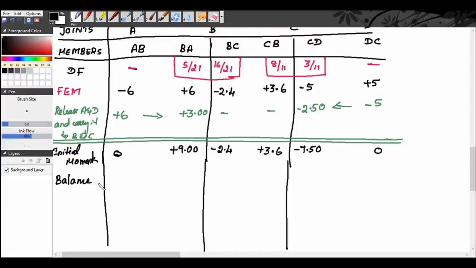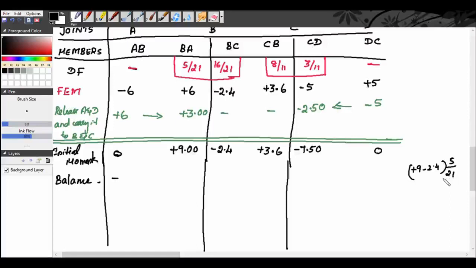So you balance it. Here we don't have anything to balance, right? So 0 into, even if the distribution factor is 1, it is a 0. So at BA, at B we have to balance it. So it is plus 9 minus 2.4 multiplied by 5 by 21.